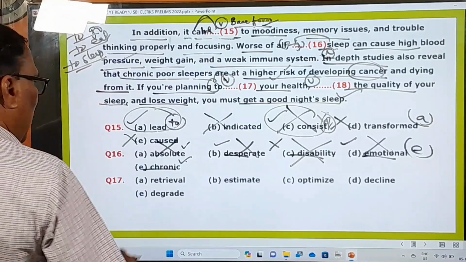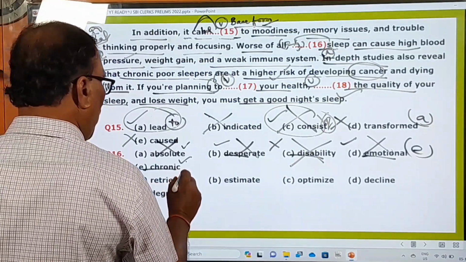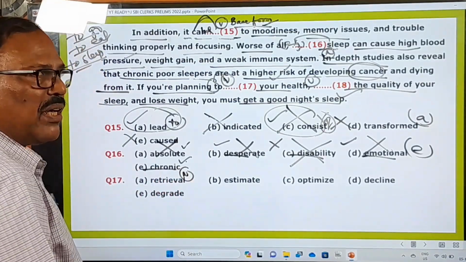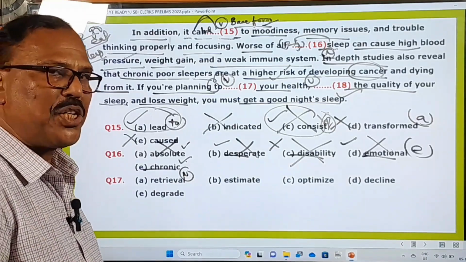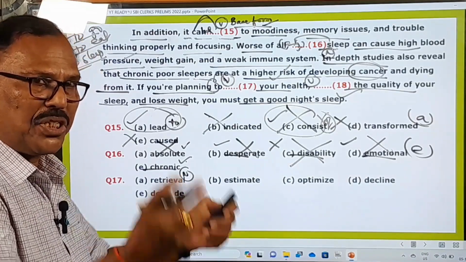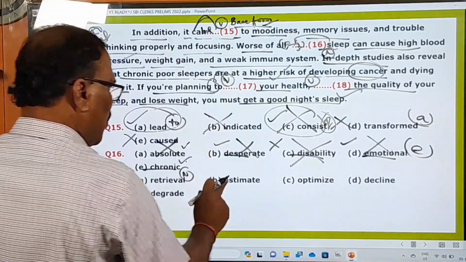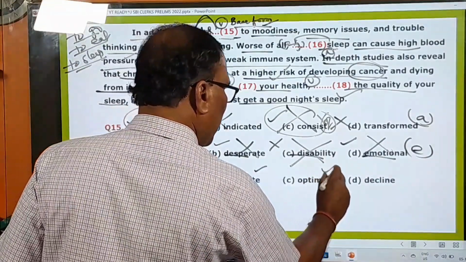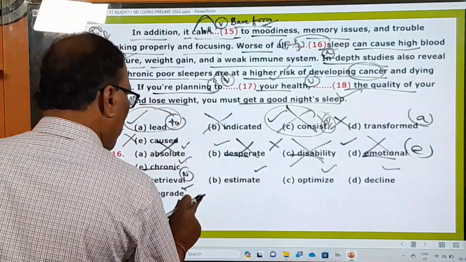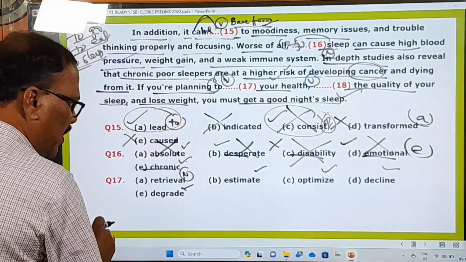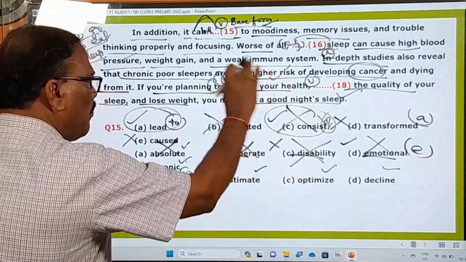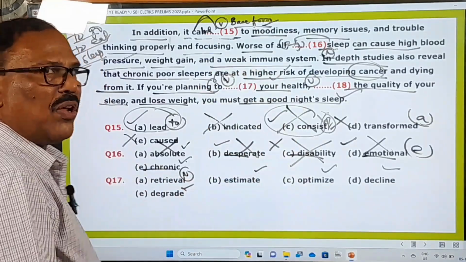Here, retrieval is a noun. Retrieval means recovery, recapture, repossession. So retrieval cannot be used. Estimate is a verb, optimize is okay, decline is okay, degrade, these are all verbs and this is a noun. Therefore, this must be dropped, and let us try to fill in the blank with any one of these four options.